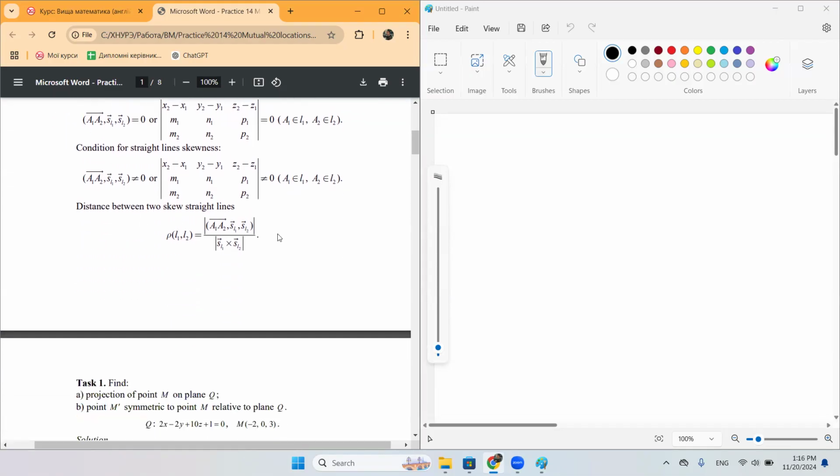And the distance between skew straight lines. So we divide the magnitude of the mixed product of these vectors by the magnitude of cross product of direction vectors. Any questions for now?